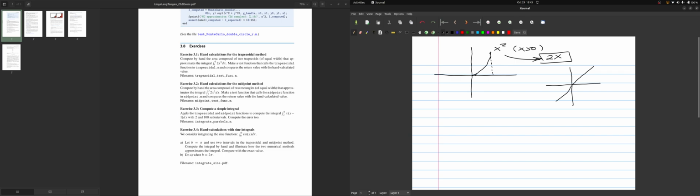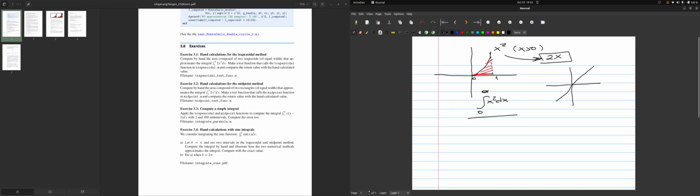So for example, for a function like x squared, to take the integral between, let's say, point 0 and a, is basically to check this area. Let's say a is 1 in this case.